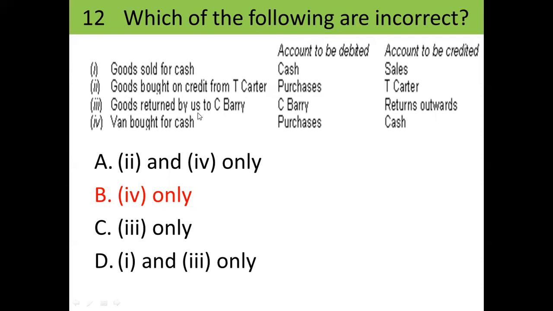Goods returned to C Barry, debit C Barry and credit return outward. Yes. Fourth, van bought for cash, debit purchases and credit cash. This is not correct. Because it is a cash purchase of a van, we have to debit van account and credit cash. The incorrect transaction is the fourth one. Right answer is B.